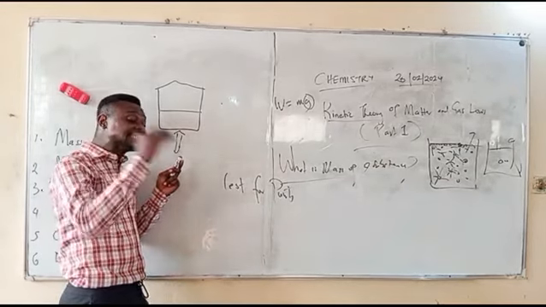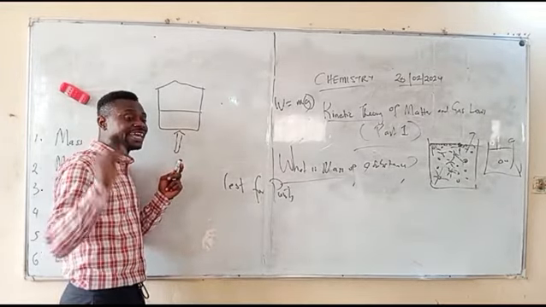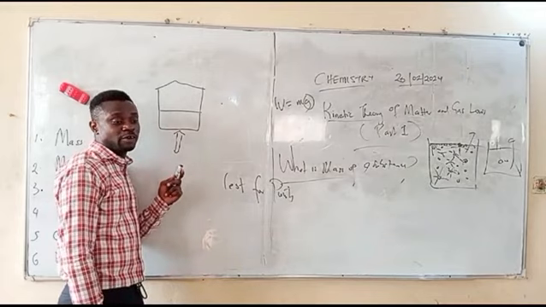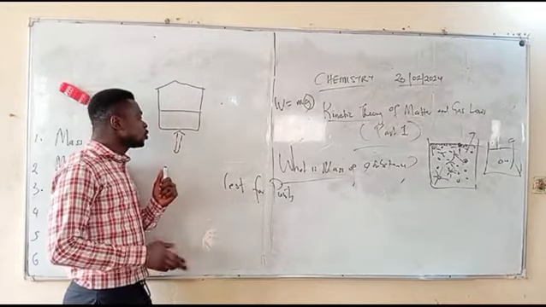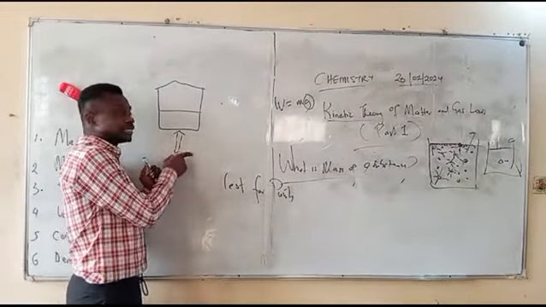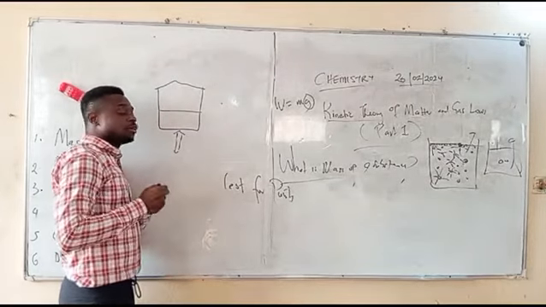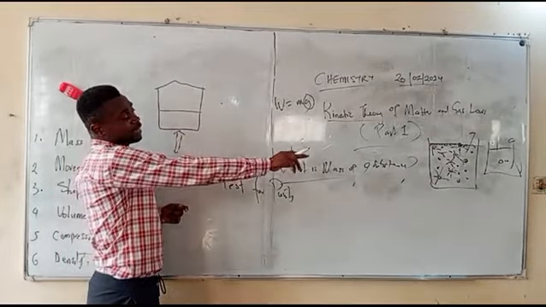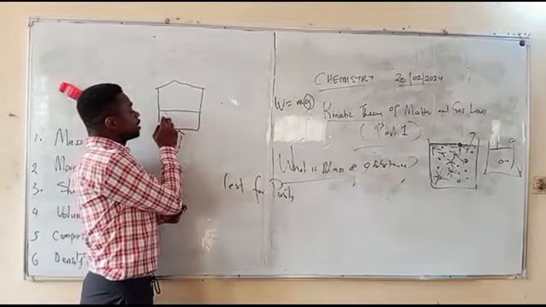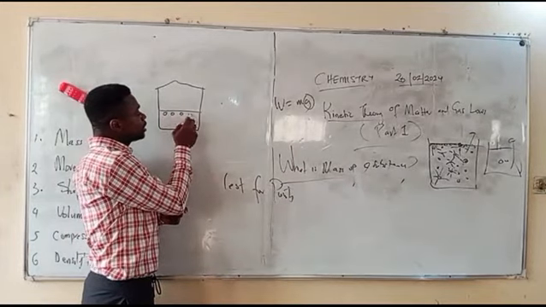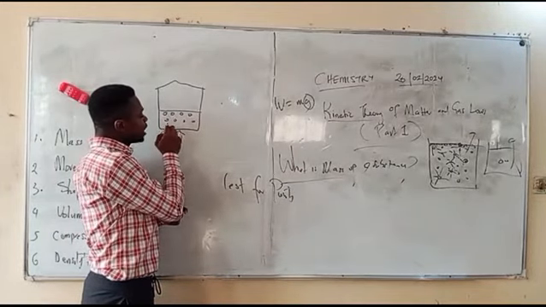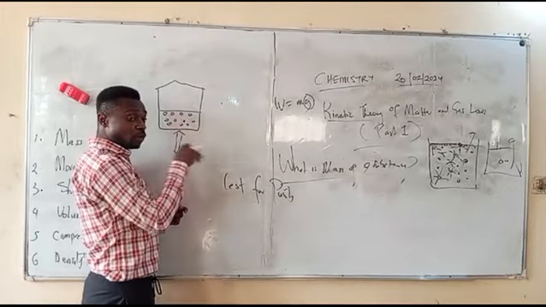Now, if you get to a point where the rate at which this one is happening is the same as the rate at which this one is happening, condensation will become equal to evaporation. At that point, they are in equilibrium. What you see is that it has reached saturation with vapor pressure.